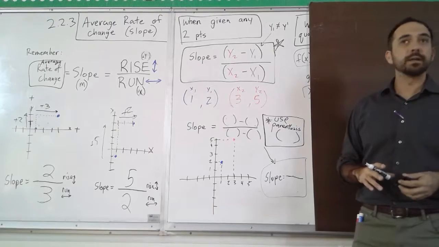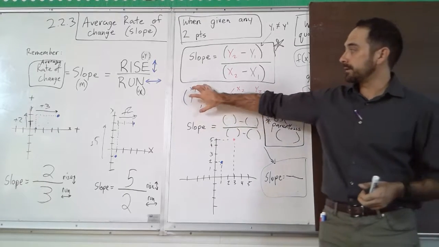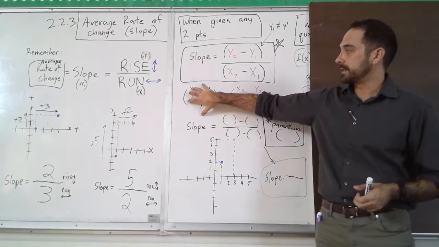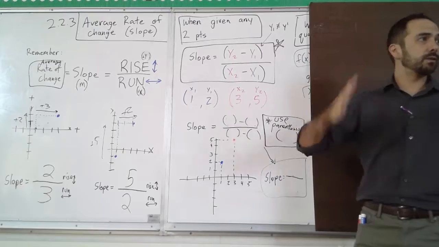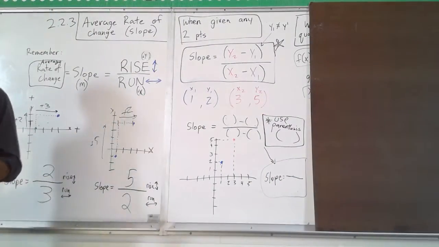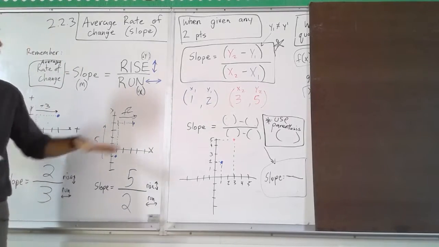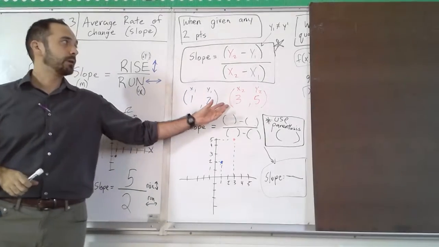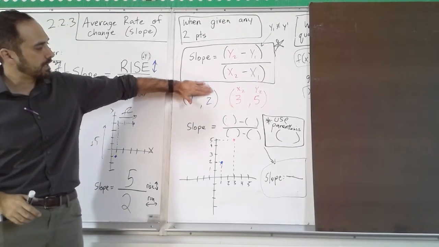So the key here is, and I'm going to reiterate it as I go, it doesn't matter which is my 1 group and my 2 group, as long as you're consistent with it. So you can decide, oh, this is going to be my 1 group and 2 group, or this is going to be my 2 group and 1 group. It doesn't really matter as long as you're consistent. But in this case, what they gave us was, first off, they just gave us 2 points.